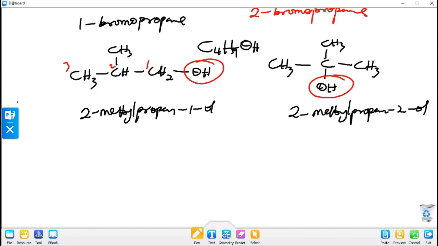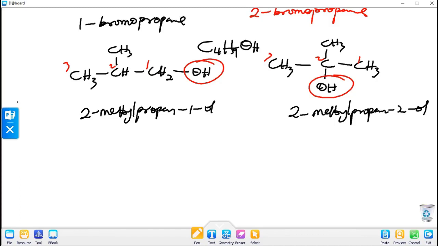And here is 1, 2, 3. So we can see that it is attached to carbon 2, but in the other compound it is attached to carbon 1. So these are all examples of position isomers. Position isomers, once again, is when the functional group changes location or position. It leads to position isomerism.